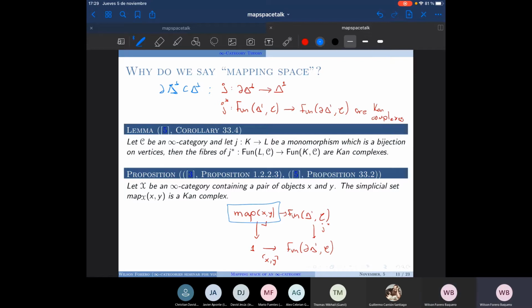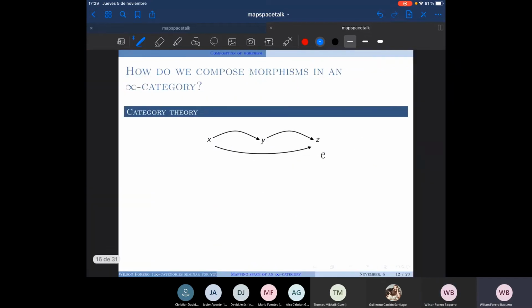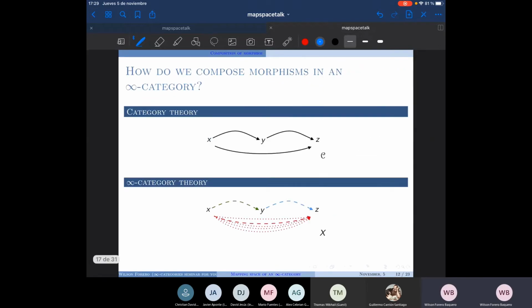So, in the classical case, when we have two morphisms, there exists a unique arrow that encodes the composition of two morphisms. But in an infinity category, it is more complicated because we have many options to describe the composition of two morphisms.